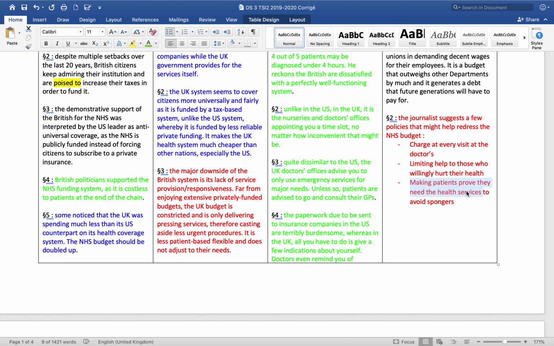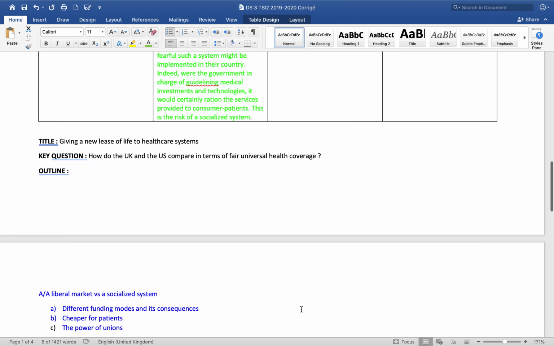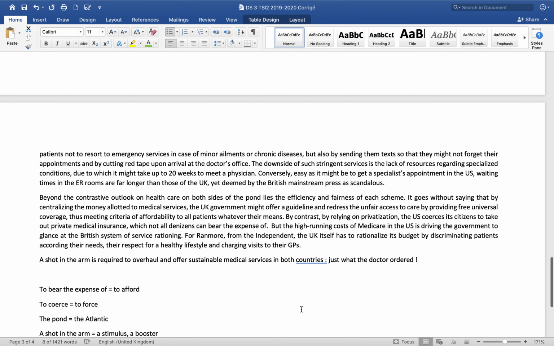So those who really, really need health services and those who don't. Okay. Depending on their lifestyle. So if you smoke, well, game over for you. You don't get access to health coverage, and making people pay. Okay, so these are the three suggestions he makes, and they're rephrased in this part of the paragraph.